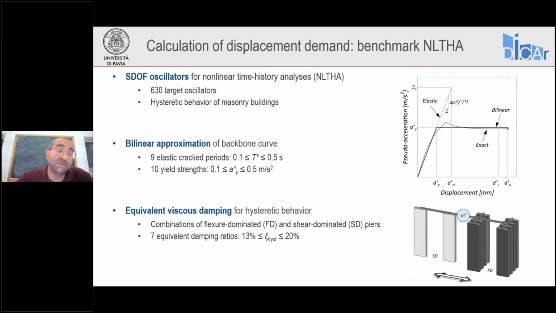And we consider 7 different equivalent damping ratios between 13% and 20% obtained by combining flexure or shear dominated piers with the mass of the single degree of freedom system. So by combining these different responses in different amounts, giving more or less weight to the flexure dominated or shear dominated piers, we're able to derive 7 different hysteretic responses corresponding to 7 equivalent damping ratios.